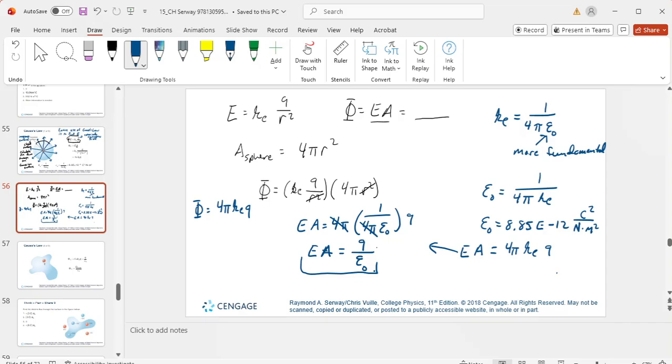And if you have a non-zero flux, your surface through which the flux is being measured has enclosed charge.